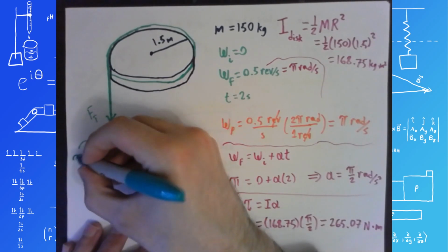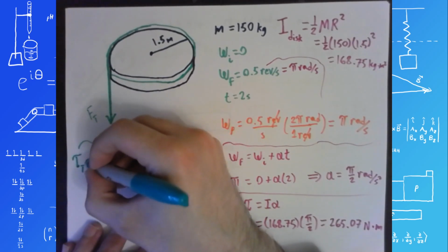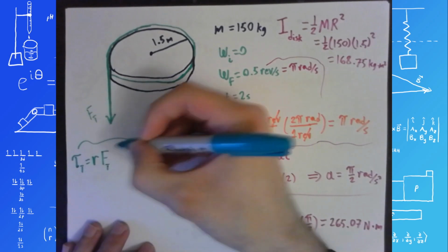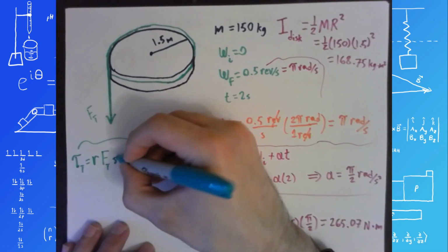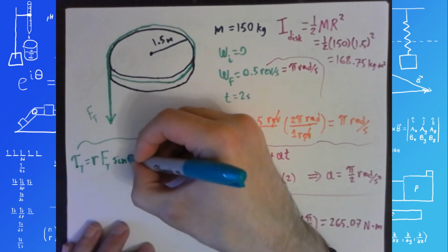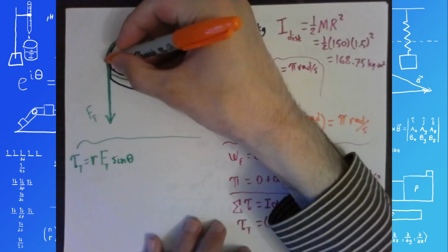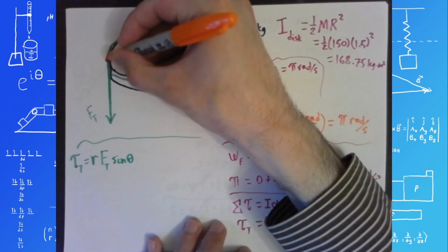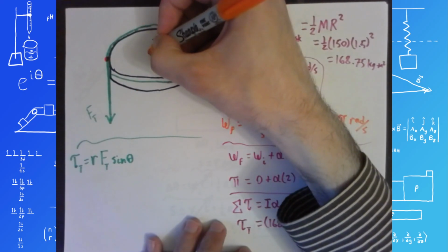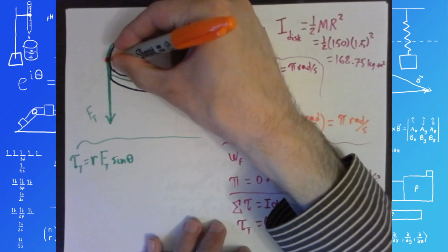So torque due to tension is equal to lever arm times the force of tension times the sine of the angle between the directions of those two vectors. The lever arm points from the axis of rotation to the point where the force is being applied. The tension force is being applied at this point, so the lever arm is from here to here.